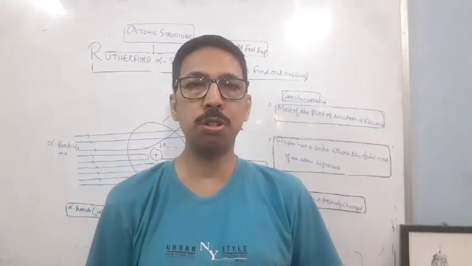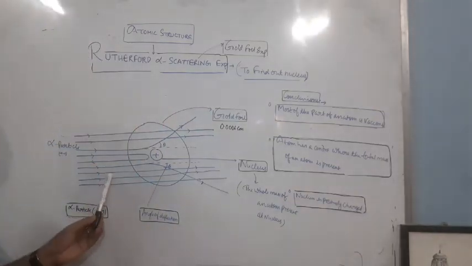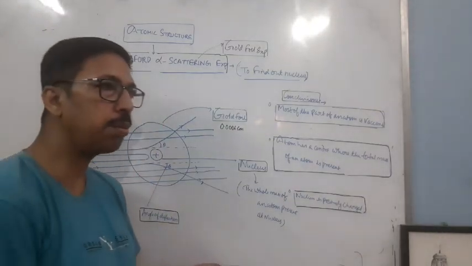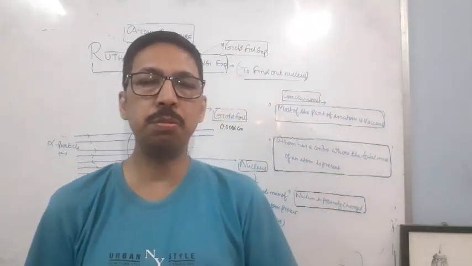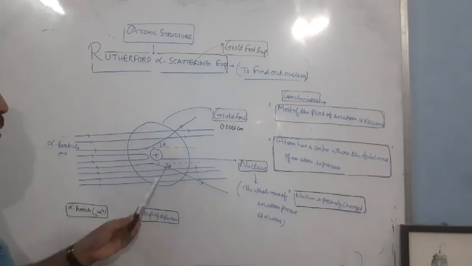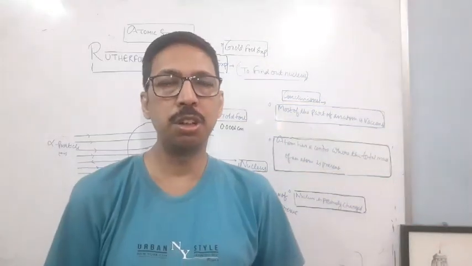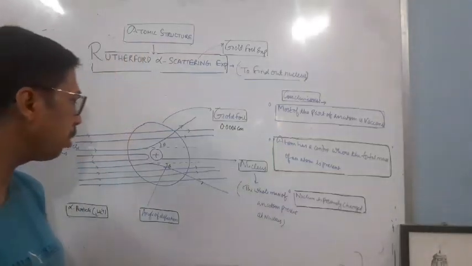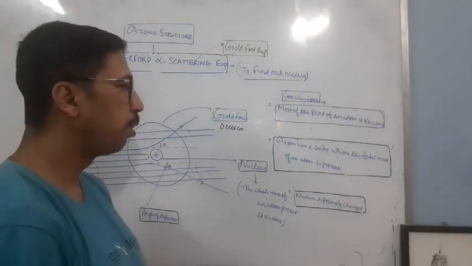Why is the nucleus positively charged? According to his third observation, some alpha particles after striking the foil of gold returned back in their own path, which suggests that the nucleus is positively charged because there is always repulsion between two like charges, and the alpha particle is also positively charged.